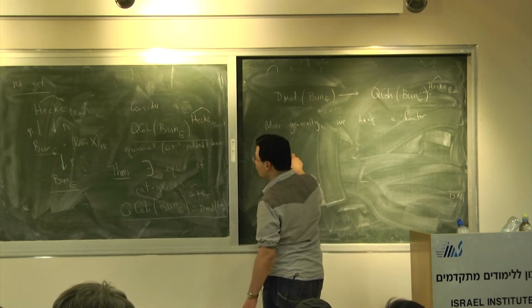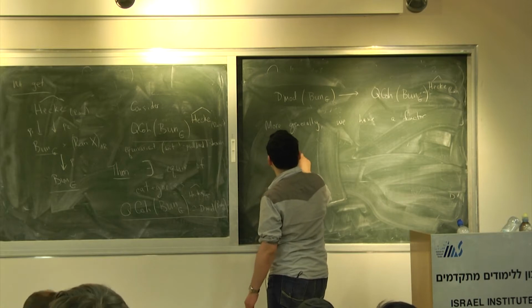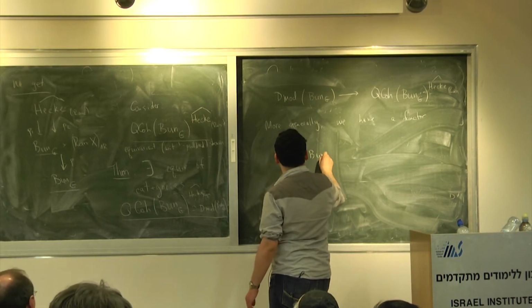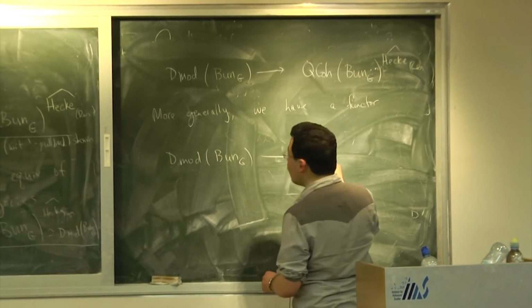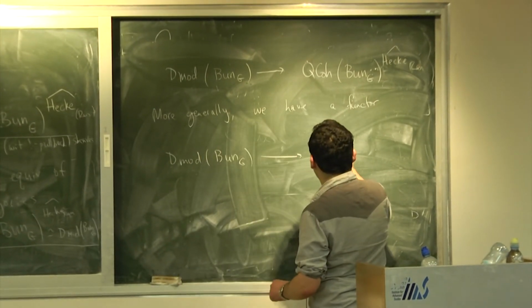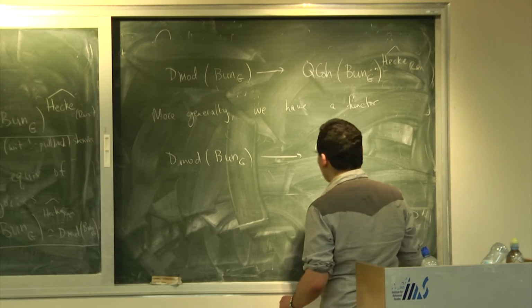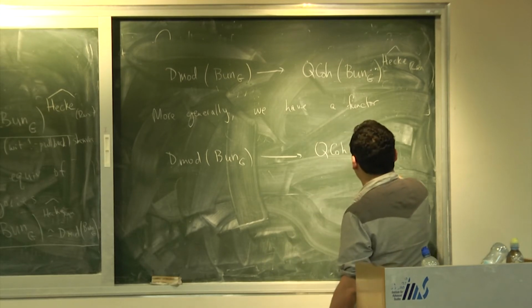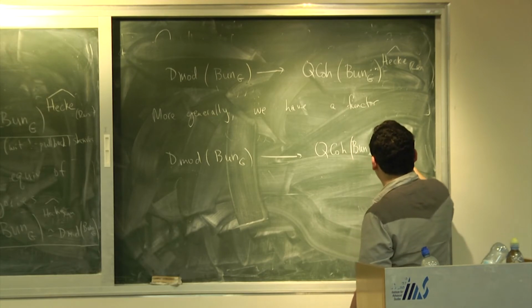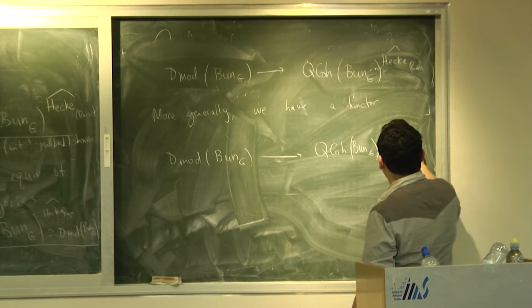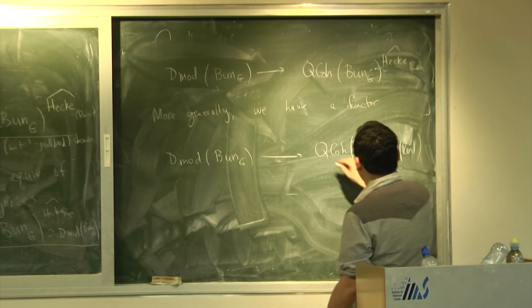So we have a functor from D-modules on Bun-G to quasi-coherent sheaves on Bun-G tensored with D-modules on the Ran space.